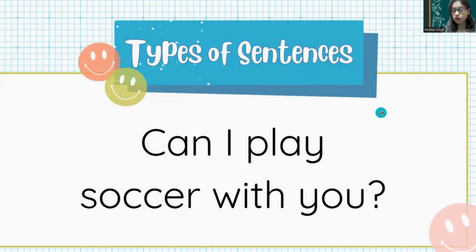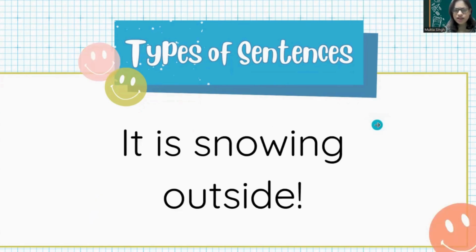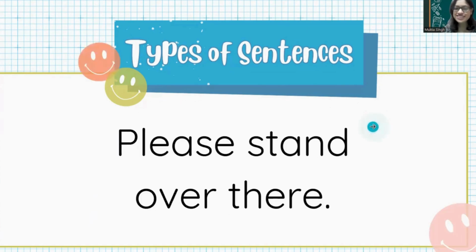Can I play soccer with you? Question mark. Yes, this is an interrogative sentence asking us a question. It is snowing outside! Shows emotion. Yes, so this is an exclamatory sentence.